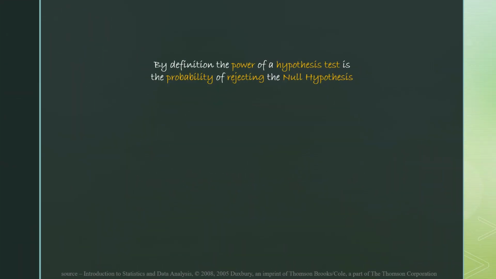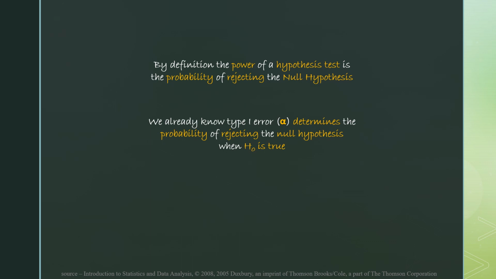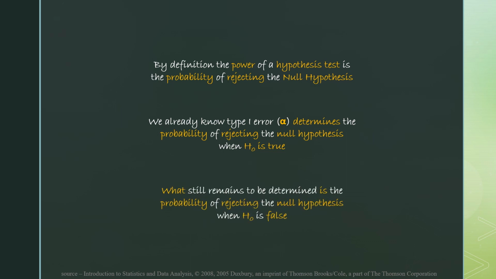By definition, the power of a hypothesis test is the probability of rejecting the null hypothesis. We already know type 1 error alpha determines the probability of rejecting the null hypothesis when H0 is true. What still remains to be determined is the probability of rejecting the null hypothesis when H0 is false.